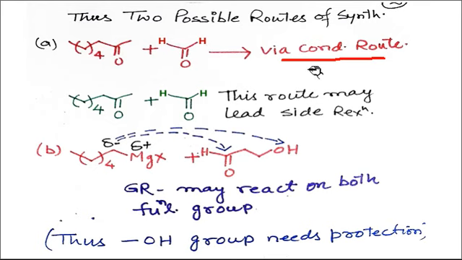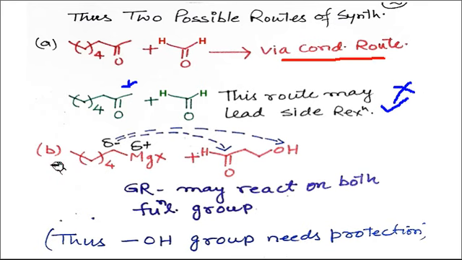However, in this path, a side reaction is also possible, because whenever we have two different carbonyl groups and one has alpha hydrogen, then the enolate of this reagent may interact with the same molecule to give us the dimer of the corresponding condensation product. Therefore, this path is less favorable.